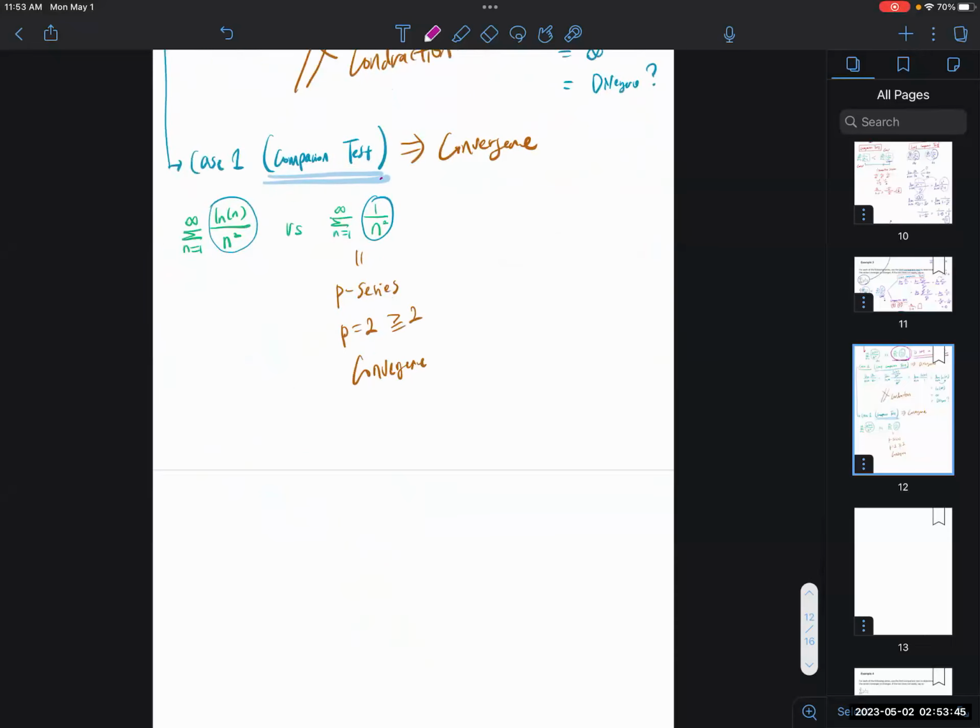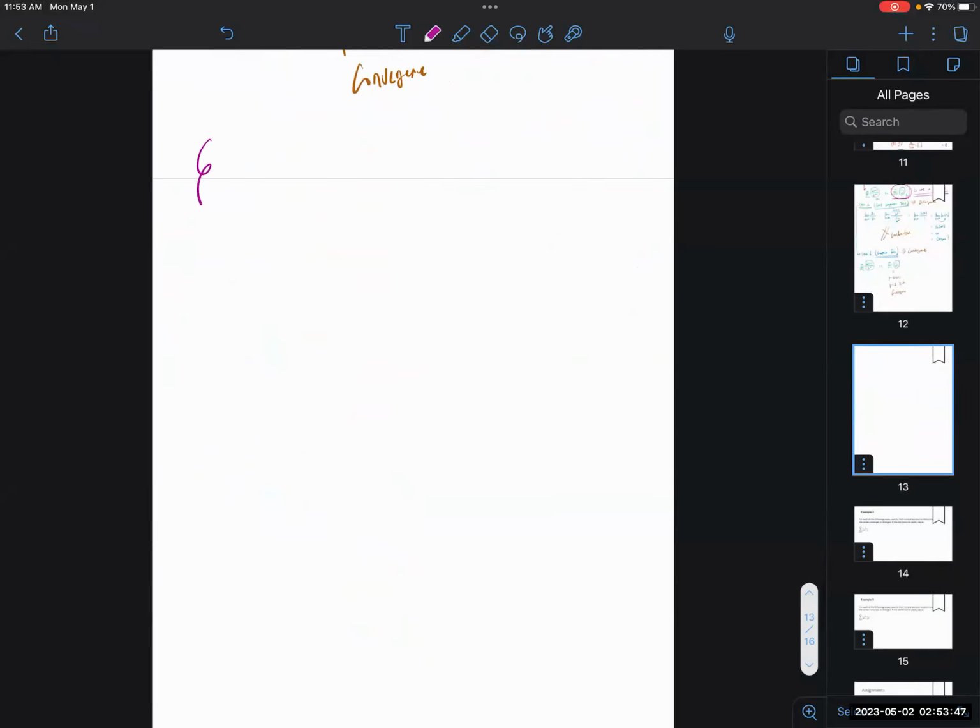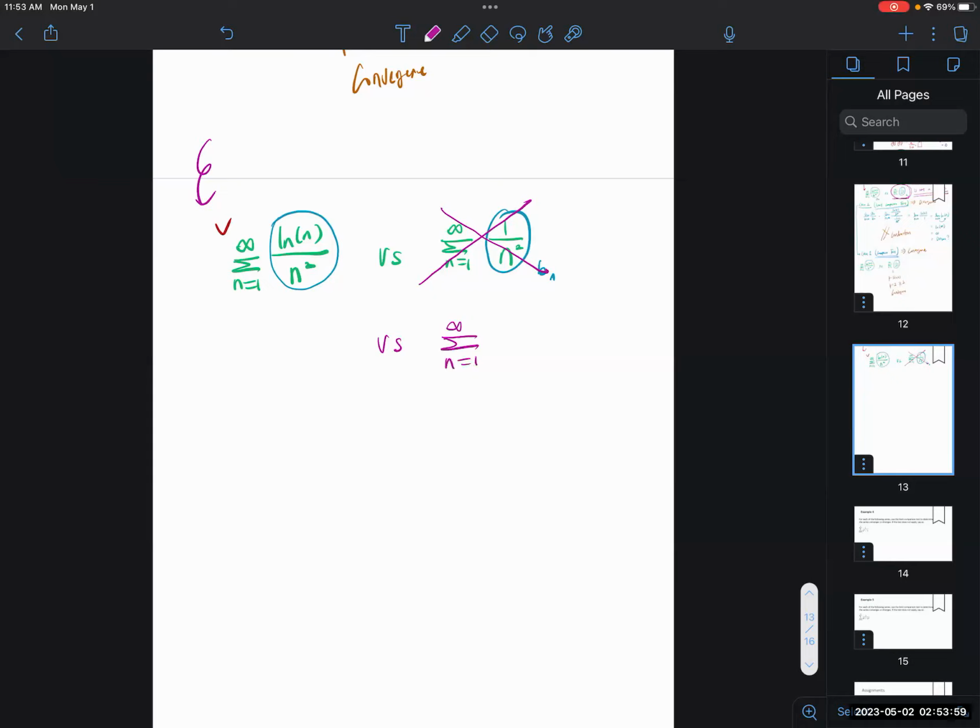So we're going to go back to here. I'm not going to compare with this one. Another way you can do is choose a different exponent instead of 2. What if you have n to the 3 over 2? I'm just choosing another one instead of 2.